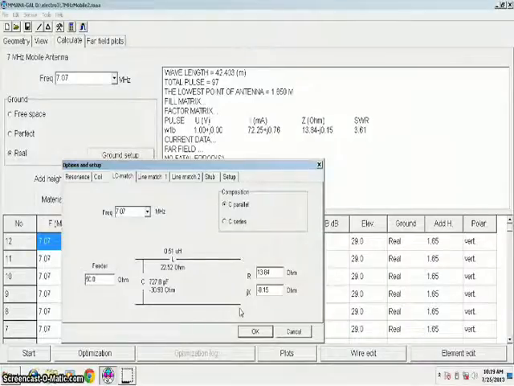and of course the ground plane I explained before is only virtual. It could not be realized in real.